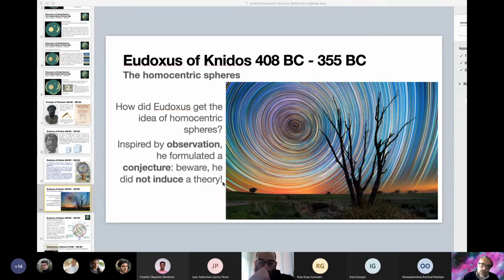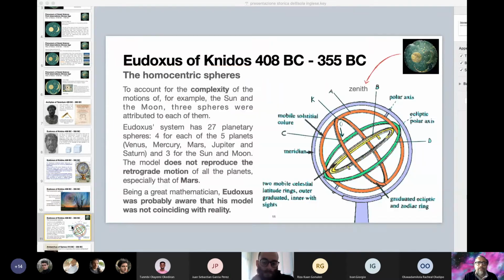And after you conjecture it, then starting from your conjecture, you try to predict what you have observed, and then you try to predict what you have not yet observed. But we'll come back to this point soon.